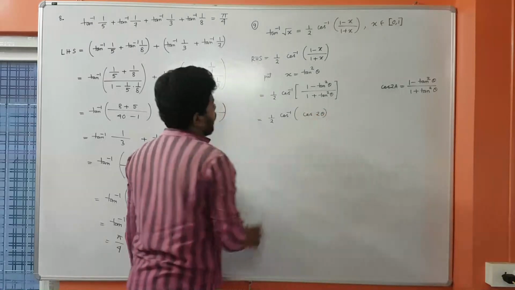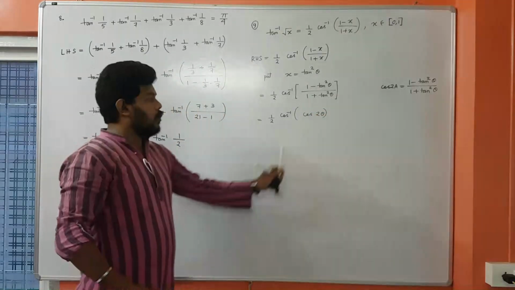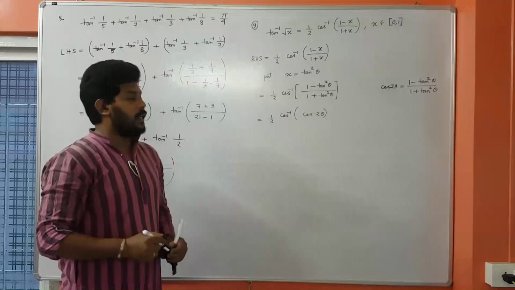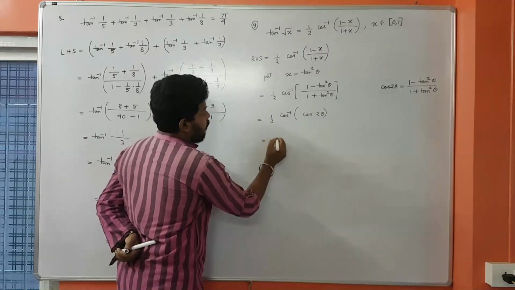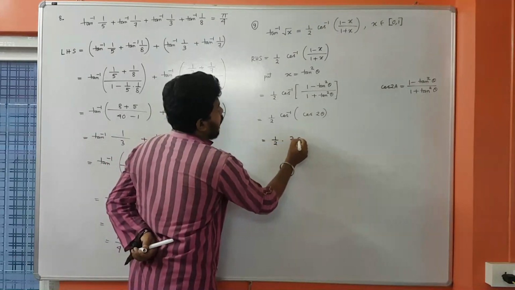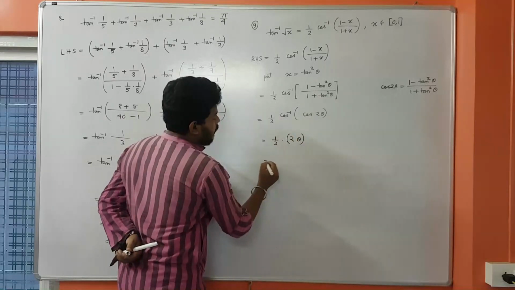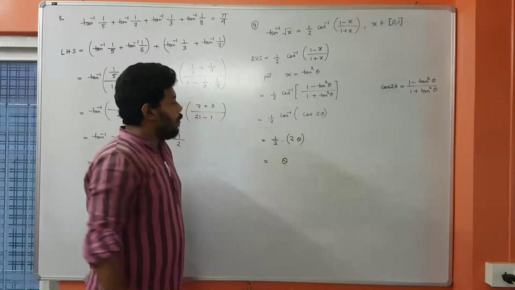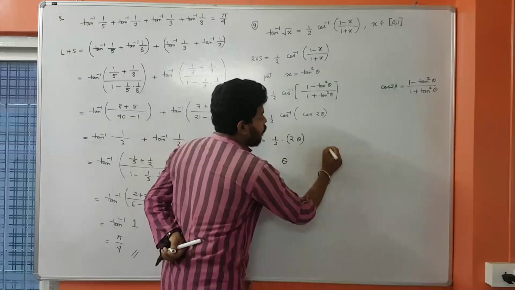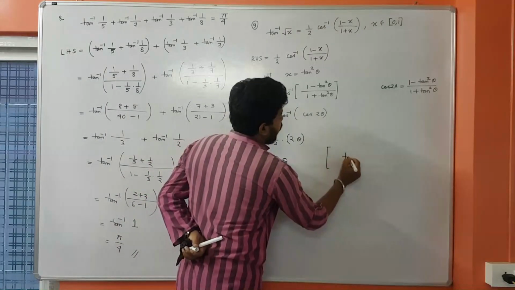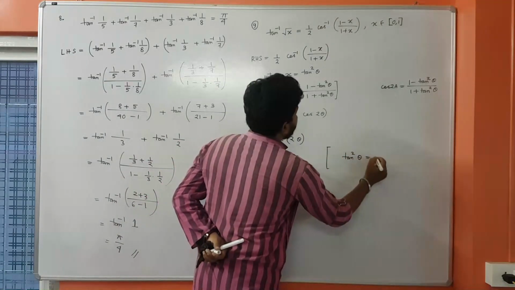This is equal to half into cos inverse of cos twice theta. Now, this cos inverse and cos get cancelled. It will be half into twice theta. 2 cancelled, you are left with theta. What is theta? We know tan square theta is equal to x.